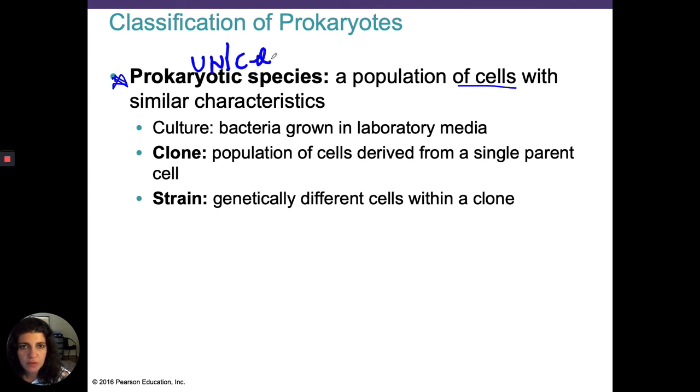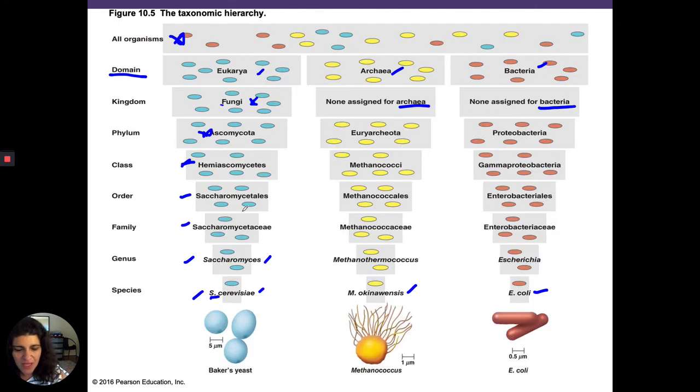A clone would be a population of cells derived from one single parent cell, and a strain would be a subgroup. So after species, this is not really in the taxonomy hierarchy, but I would put that species can be divided into different strains.